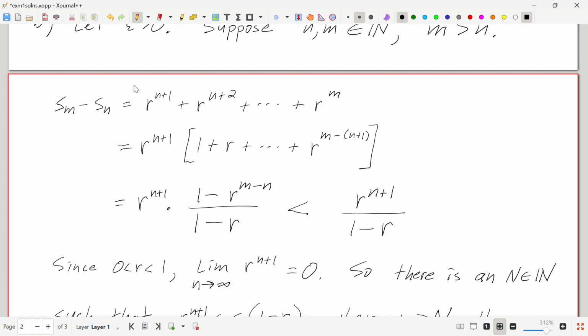Actually, lots of people used the sum formula for S_m and the sum formula for S_n and subtracted them, and that worked great. Maybe better than what I'm doing here. I wrote this before I graded anybody. Anyway, you can get an explicit formula for that thing that's short and sweet because of the geometric series formula. And here I have it.